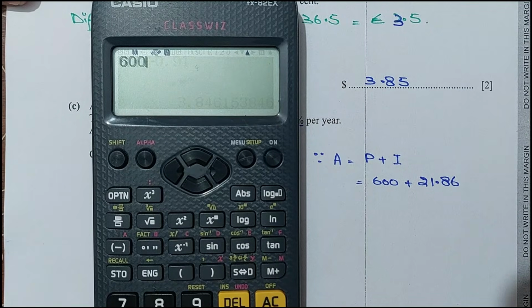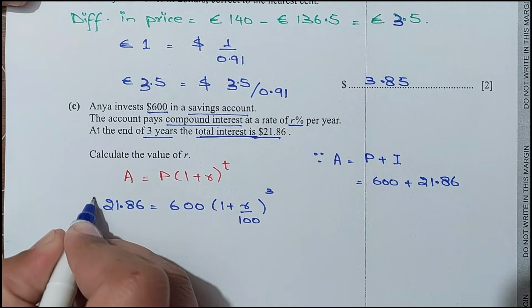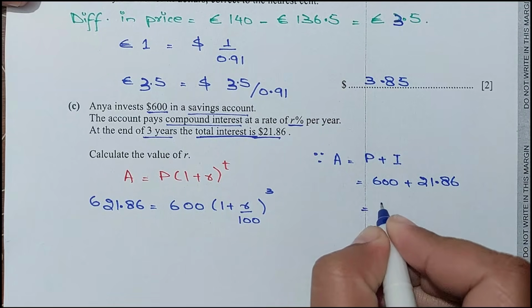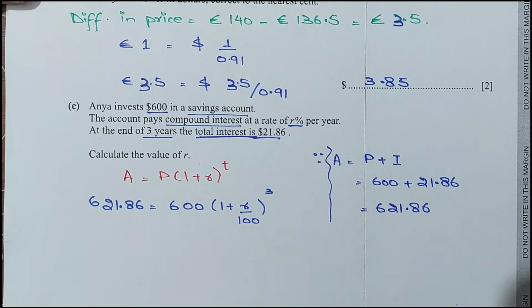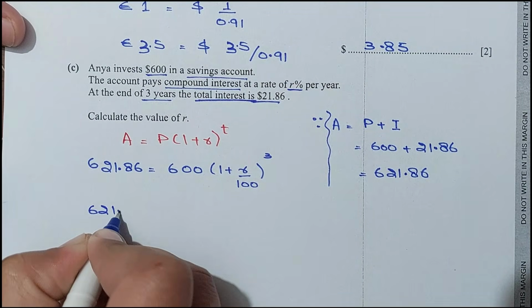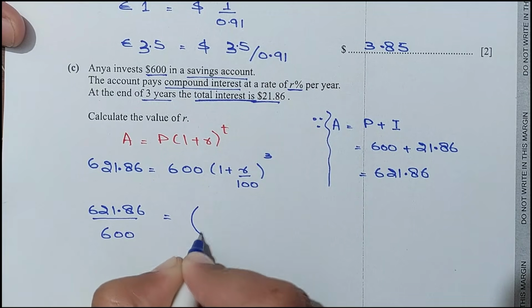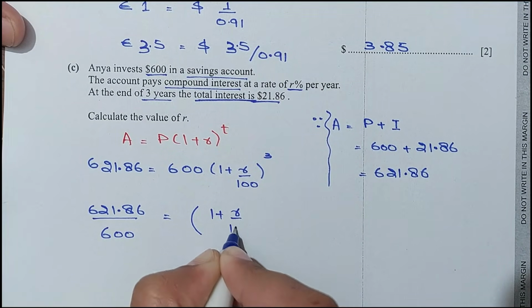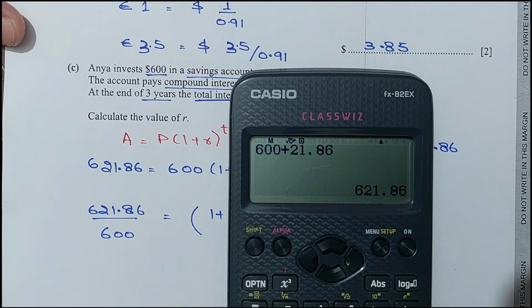Okay, 600 plus 21.86 is 621.86. That would be the amount. All right, let's solve for R. So 621.86 divided by 600 is 1 plus R over 100, whole cubed.